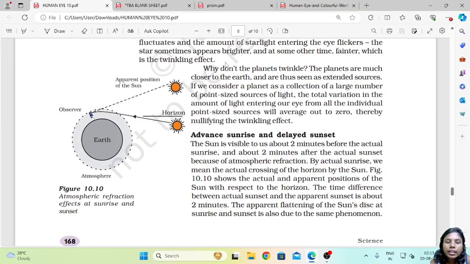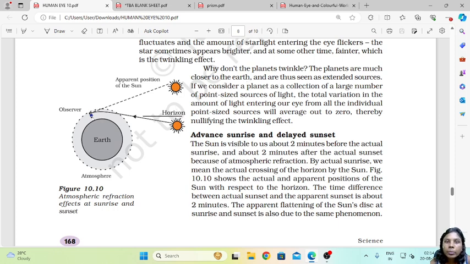Now, if we are saying that stars are twinkling, in that case we even call planets stars. So why don't the planets twinkle? With respect to planets, the planets are much closer to the Earth. The stars are way farther than the planets.